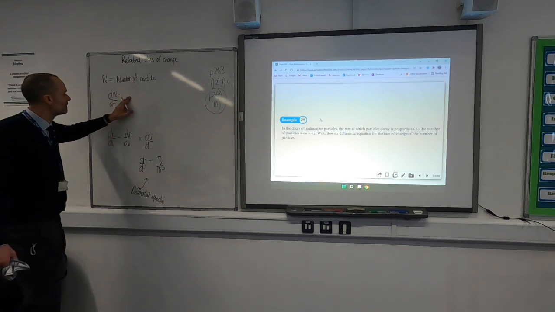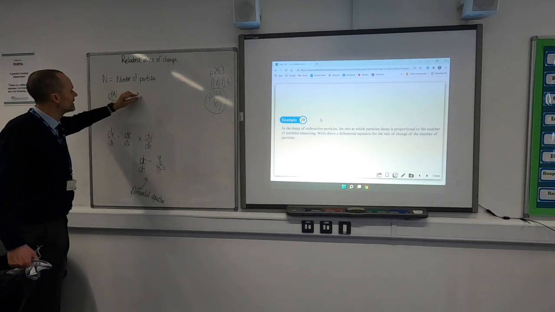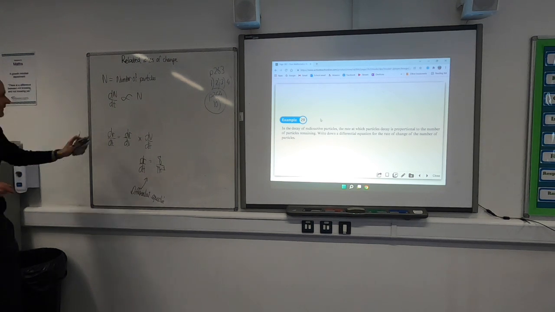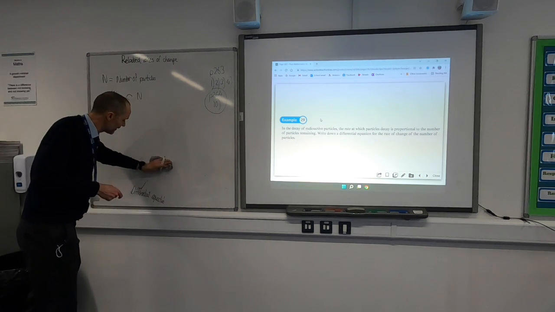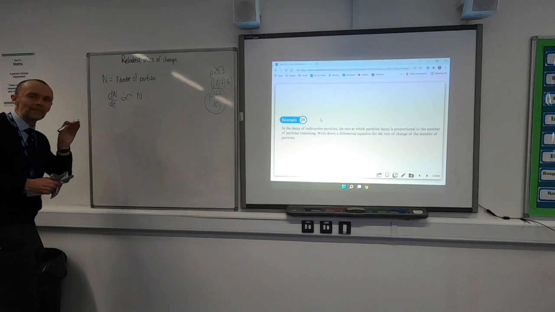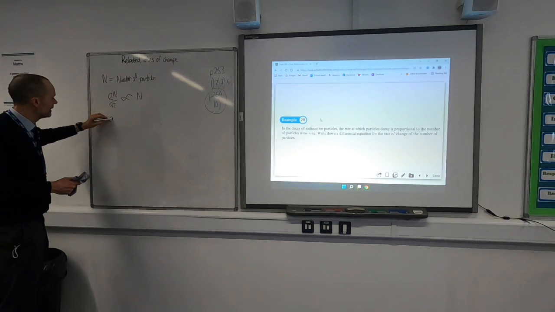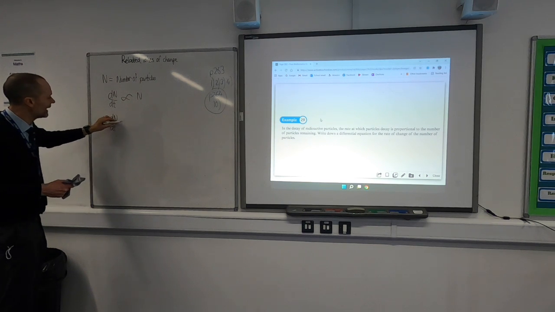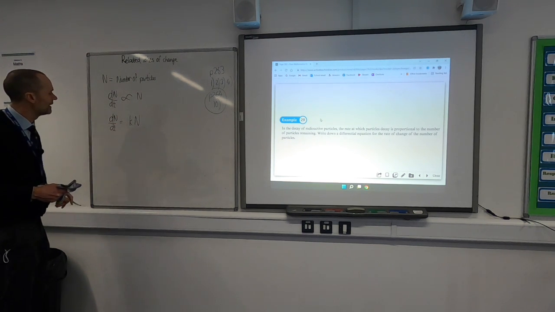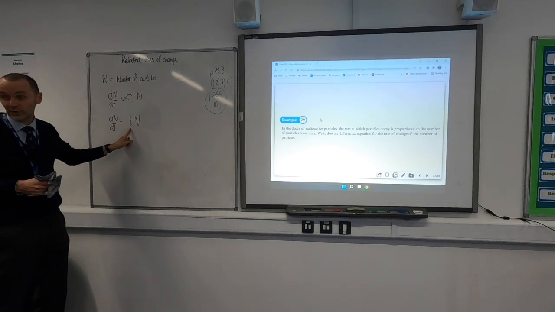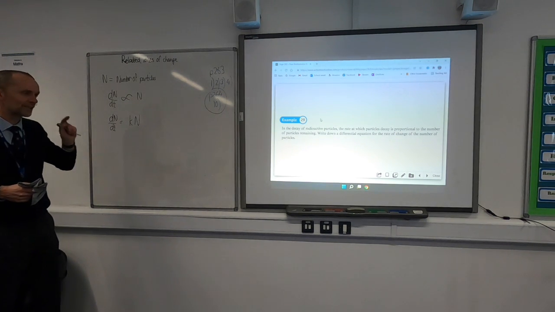Now you may remember from GCSE we used this symbol to mean proportional to. That means as one thing increases, the other thing increases. And if one thing is proportional to another, there's a multiplier that links them, after divided by before. And so what we can say is that the rate of change of the number of particles is equal to some multiplier, that's a constant, some constant times n.